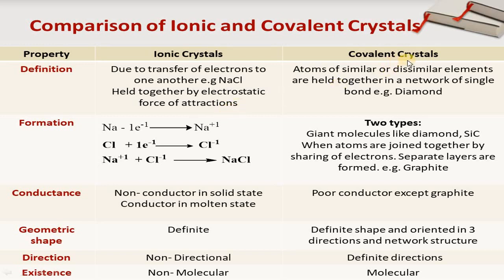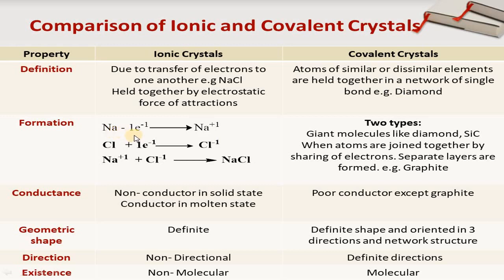While covalent crystals are crystalline solids in which atoms of similar or dissimilar elements are held together in a network of single bonds. For example, diamond. How does their formation take place? Again, we will take the example of sodium chloride.